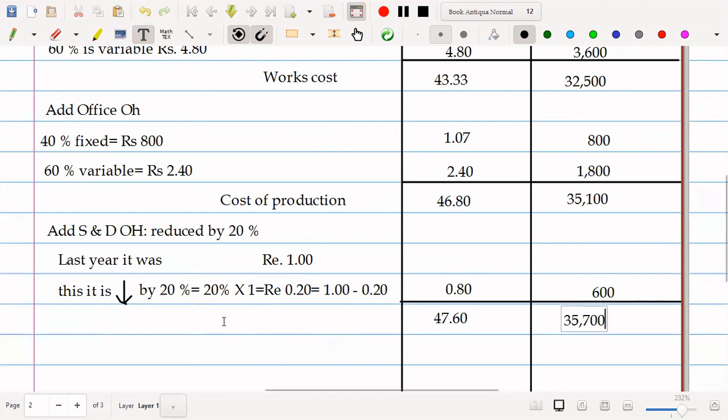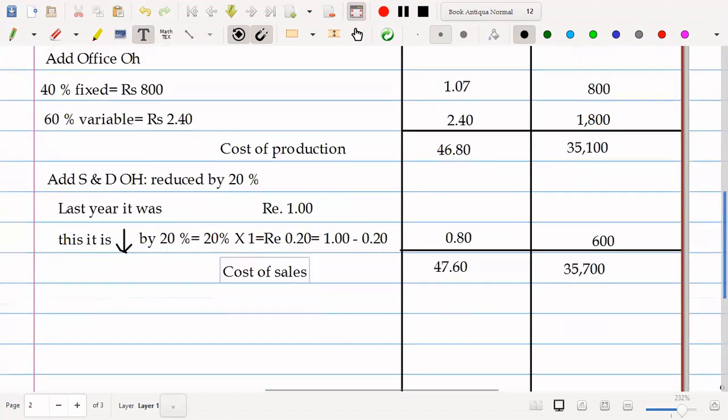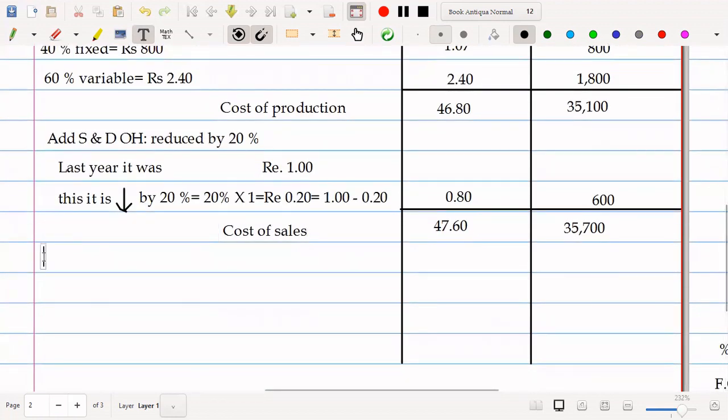This is cost of sales. And now profit, they have given 25% on sales. 25 divided by 100 means it is 1/4 on sales.